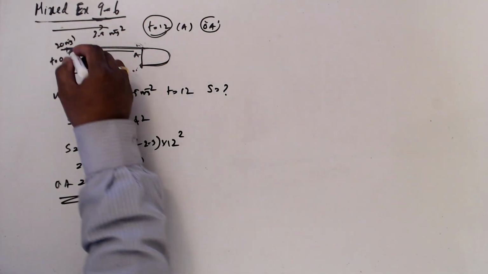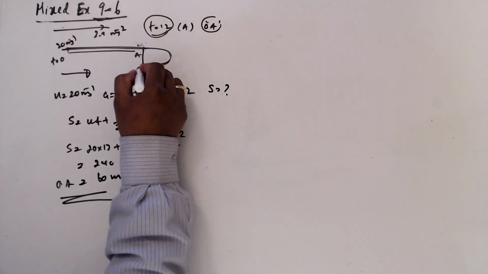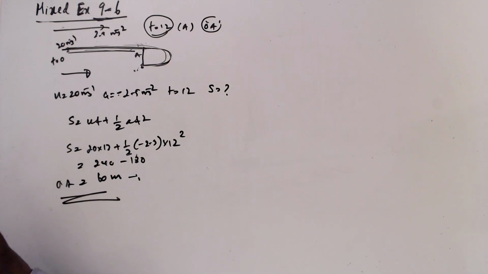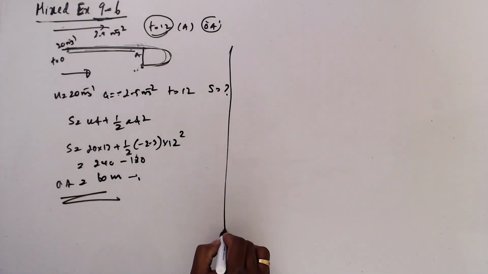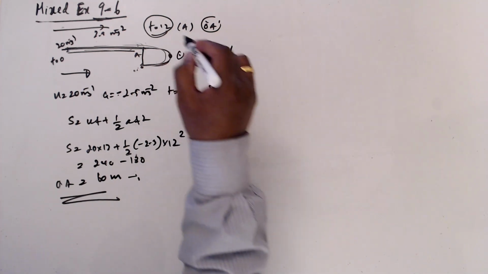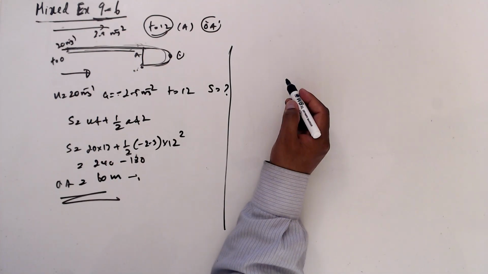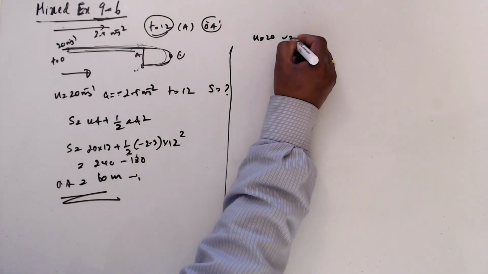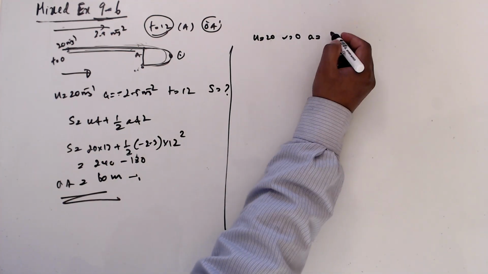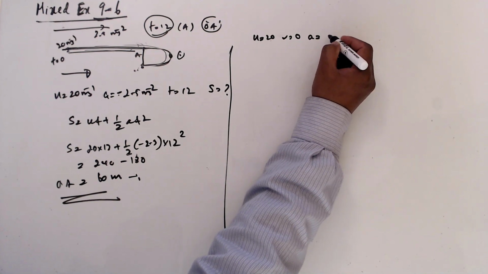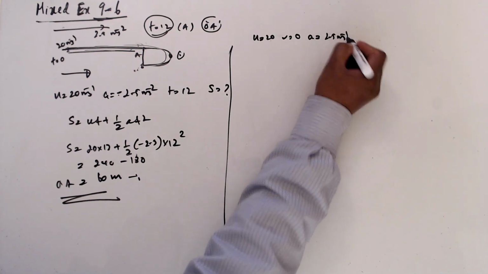So now the total distance from P to A. I'm not sure if this is this distance or this whole length. So what I'm going to do is consider this point where it is turning, where v is 0. So u equals 20, v equals 0, a equals minus 2.5 m/s squared.